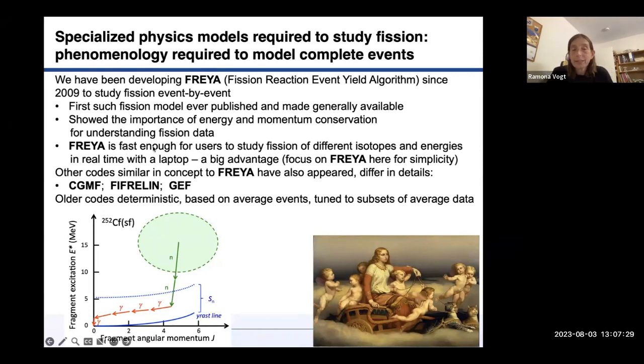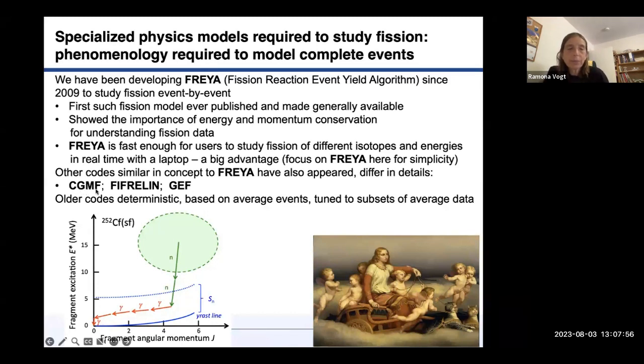But FREYA is a fast code. It's fast enough for users to study fission with different isotopes and energies on a laptop. A basic run of 1,000,000 events takes 15 seconds or so. And there are other codes that are similar in concept that differ in the details, and I'm not going to go into those specifics here.